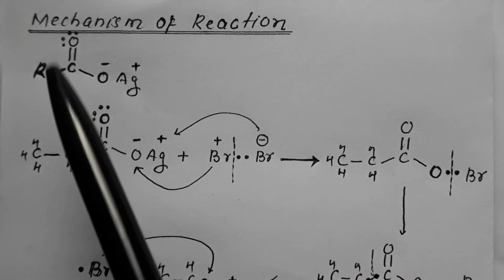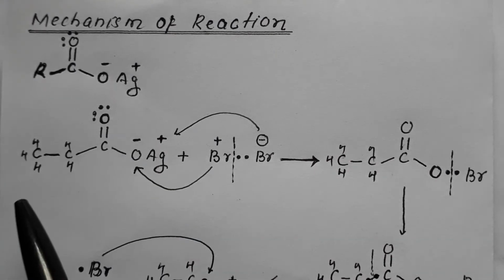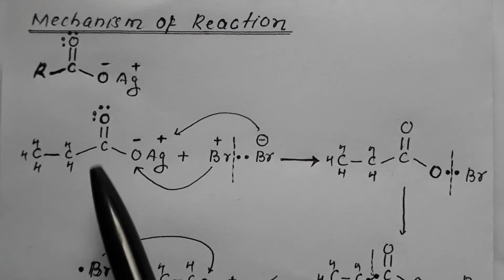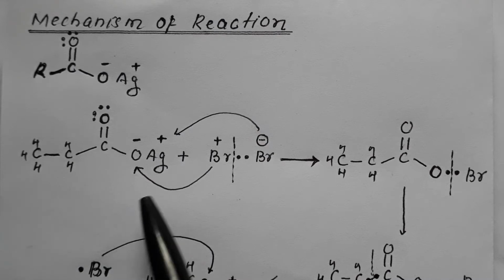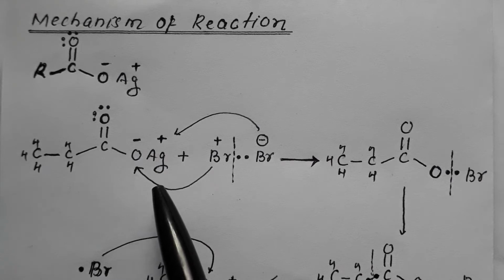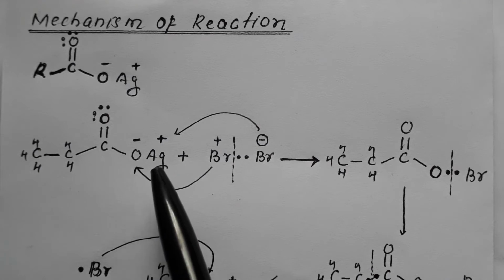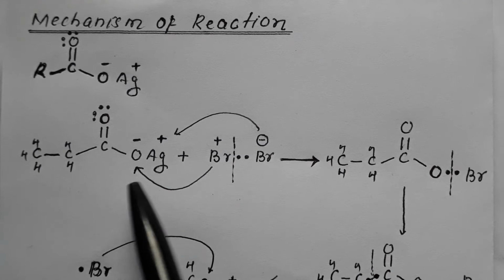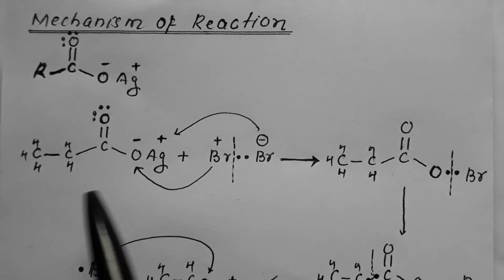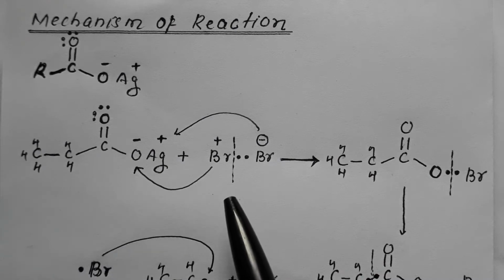The compound is RCOOAg, silver carboxylate. Suppose we have taken CH3CH2COOAg, silver propanoate, in which the silver ion is positively charged and this oxygen is negatively charged, meaning it shows ionic behavior at this point. So what happens when this silver propanoate is made to react with bromine?